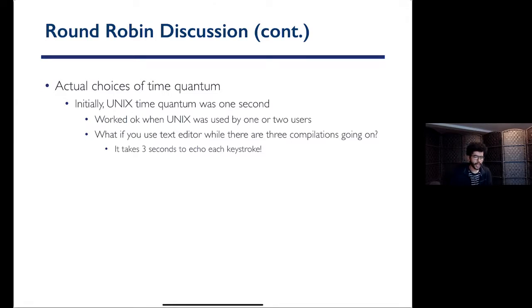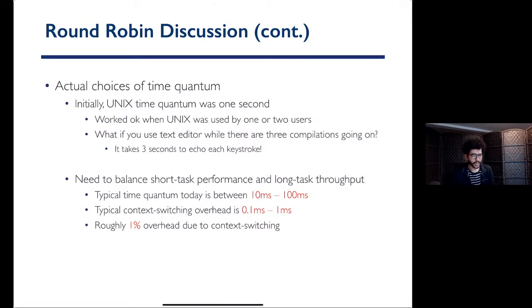So these numbers that you see are a little bit more up to date. It's usually something between 10 milliseconds to 100 milliseconds, and this is because of the cost of context switching. So you usually want to keep the overhead low, right?